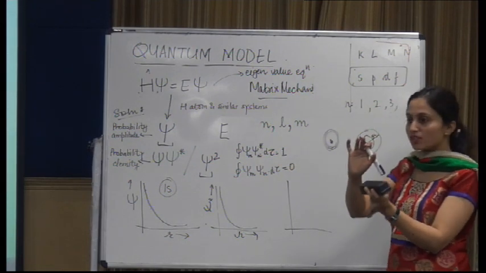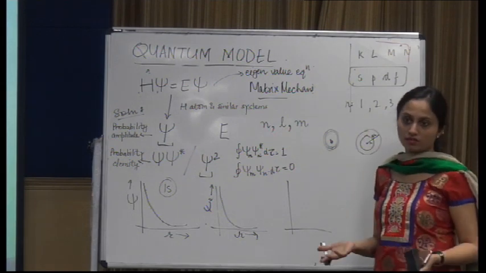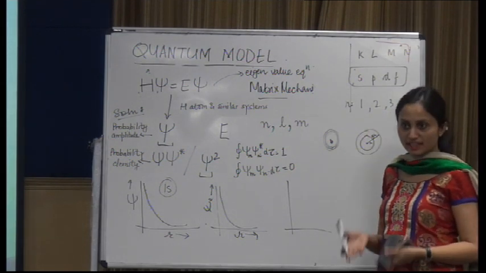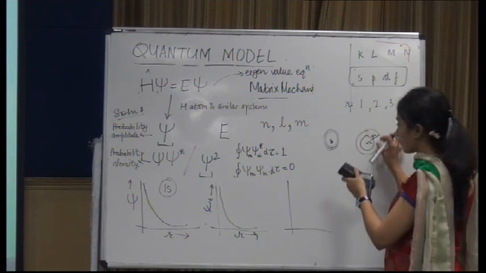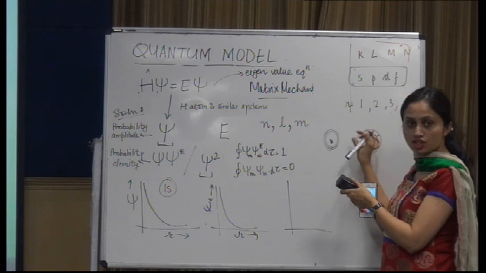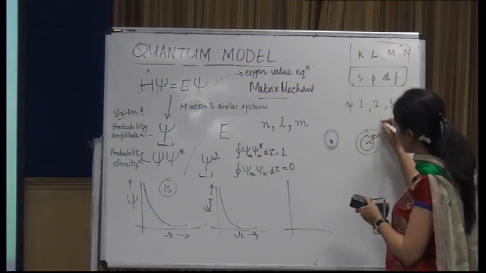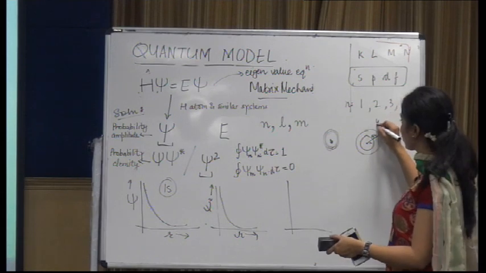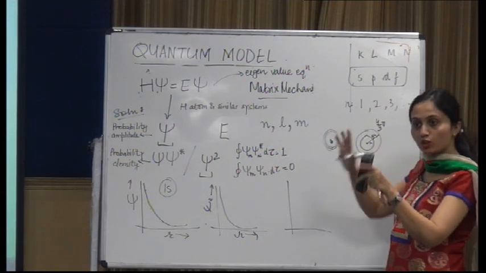The purpose of telling you is that this volume element should also be considered. You are talking about the probability density in some region. What is that region? This volume of the spherical shell. And let me tell you how you get the value. I am just telling you, no need to go through this. What will be the volume of the outer sphere? 4/3 pi r cube is the formula.